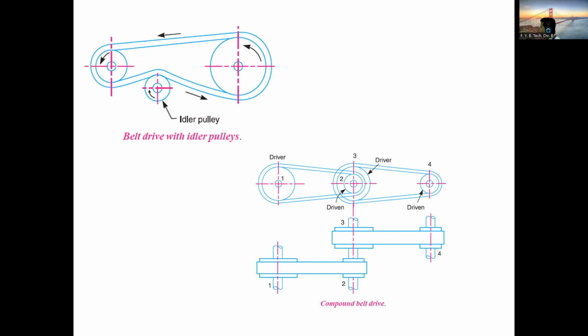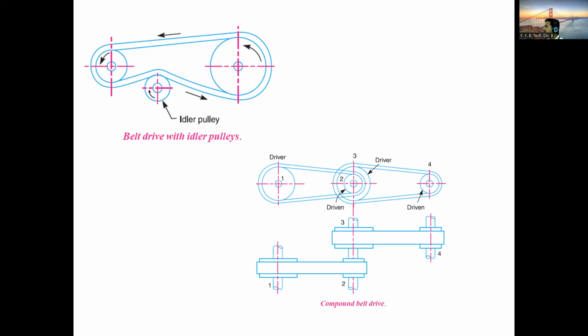Belt drive with idler pulley arrangement should be preferred when there is more slack in the belt, tension is very low, and in order to maintain the tightening in the belt so that large amount of power transmission is possible, please we have to place the idler pulley.